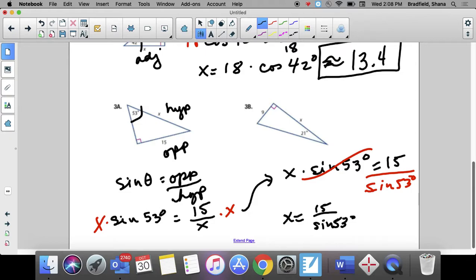So just know that anytime you have the variable in the denominator, you're going to end up dividing by the sine. Okay, you don't want to multiply it, you're dividing by the sine in the end. So basically, my x and my sine kind of switched places, if you take a look here. And then we're going to simplify that using our calculator, and we get about 18.8.